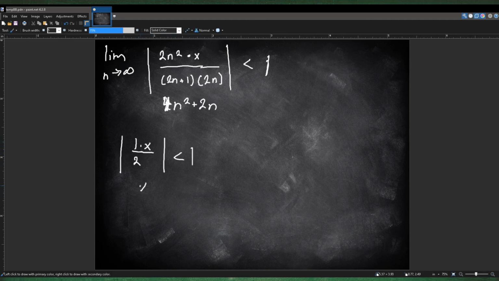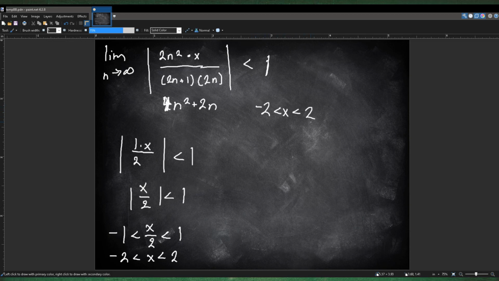So you could say that the absolute value of x divided by 2 is less than 1. So we know that x over 2 is between -1 and 1. So x is between -2 and 2, right? And that is where our interval of convergence is, from -2 to 2.